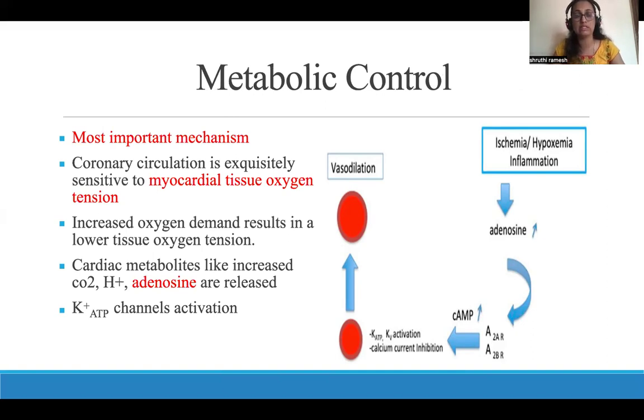So whenever there is decreased oxygen tension, in cases like ischemia, hypoxia or hypotension, there is increased adenosine release in the tissues, which causes activation of cyclic AMP and potassium ATP channels, which causes a decrease in intracellular calcium, and as a result it causes vasodilatation.